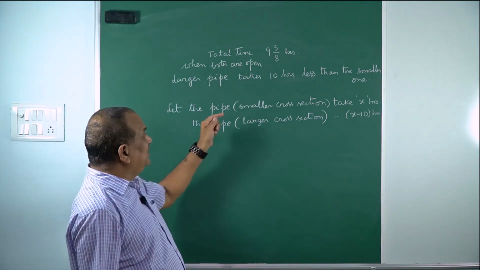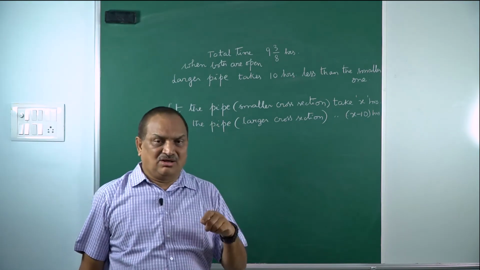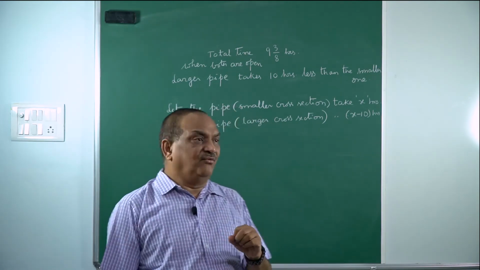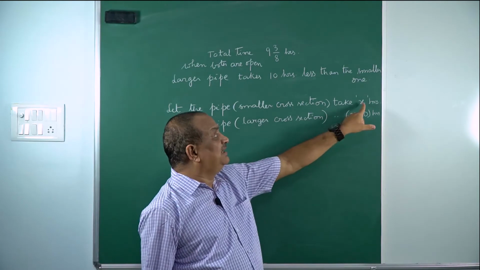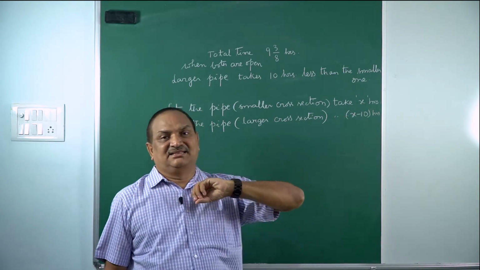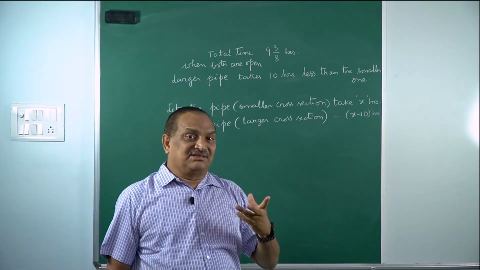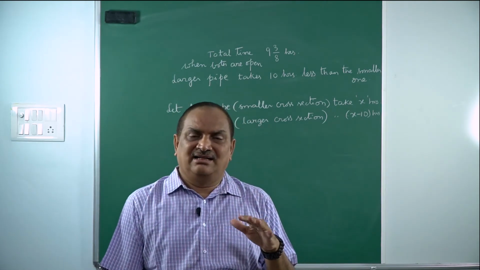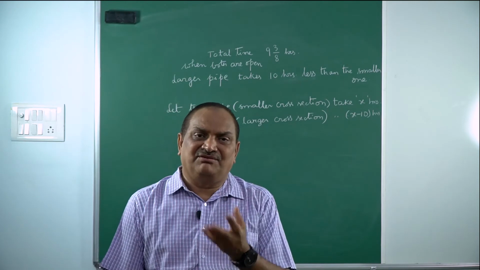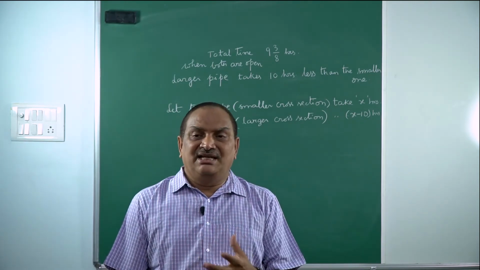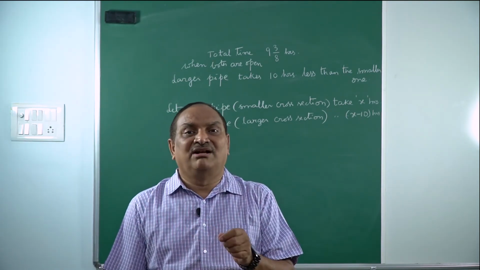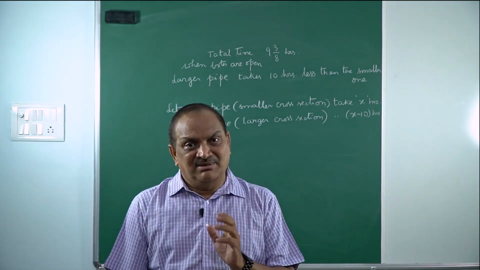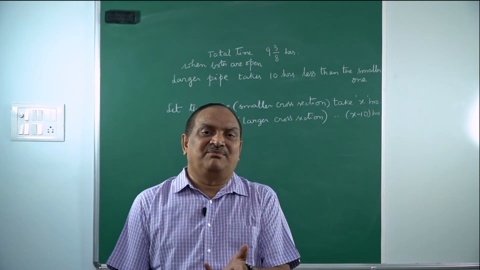But now while doing problems of this kind, how we do them is, in 1 hour, what can this do? Means 1 by X of the tank. Okay, it takes X hours. Imagine for some time, to fill the tank, a pipe needs say 5 hours. Then what do you say? In 1 hour, what can it do? 1/5 of the tank can be done. 5 hours time it takes means 1/5 can be done.